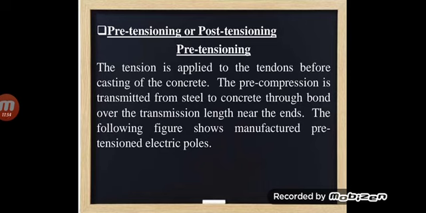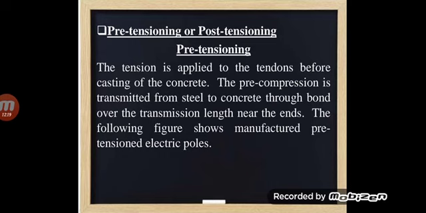After releasing that force, the tendon will try to shrink, because we already applied the tensile force at its ends. But there is a strong bond between the concrete and steel, so that will resist the tendon from shrinking.